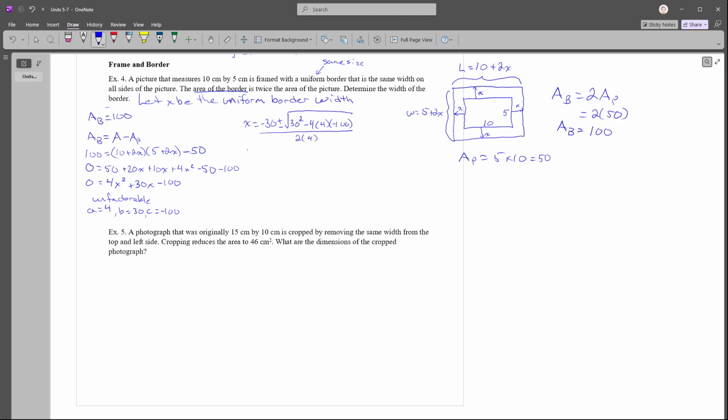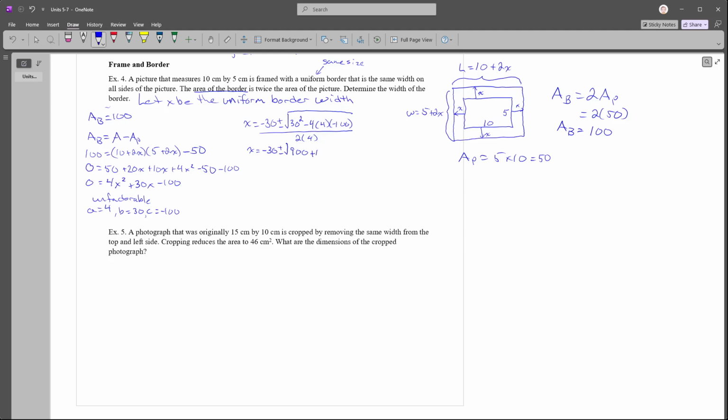Okay, let's simplify this the best we can. X is equal to negative 30 plus or minus the square root of. So 30 squared is 900. I know it's a big number. And then we have 100 times 4, which is going to give us 400, times 4, which is going to give us 1600. So we have two negatives there, so that gives us a positive.